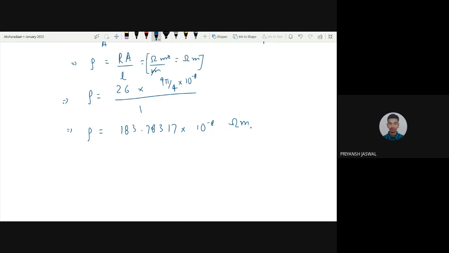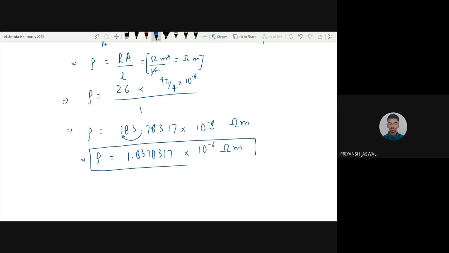Dimensionality. Shift this point two places to the left, and this will increase the exponent by 2, so 10 to power minus 6 ohm meter. This is one answer, and we have to check also the material.